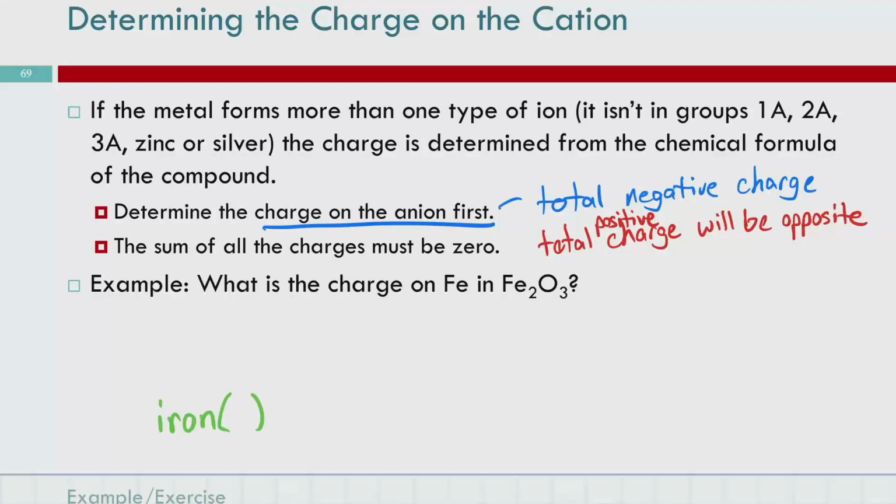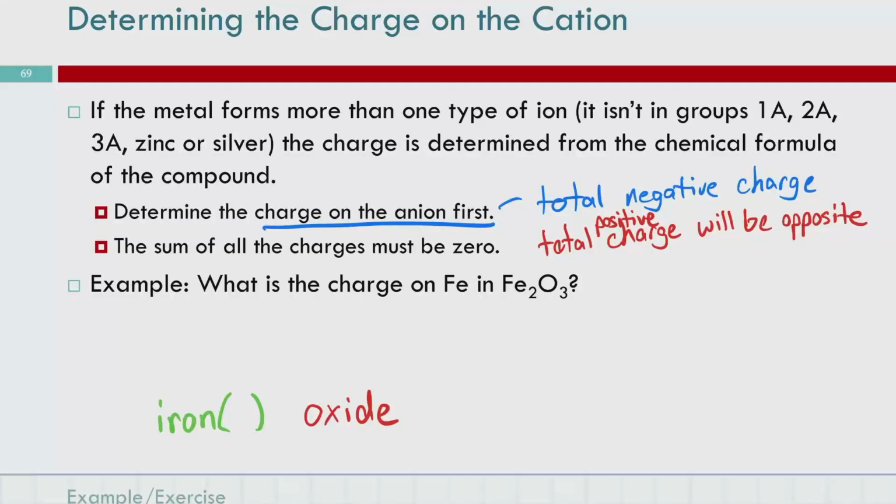So what we're going to do is we're going to write the parentheses and leave a little blank in there. And then what is oxygen when we write it in our name? How do we change it? Oxide. So this is going to be iron something oxide.